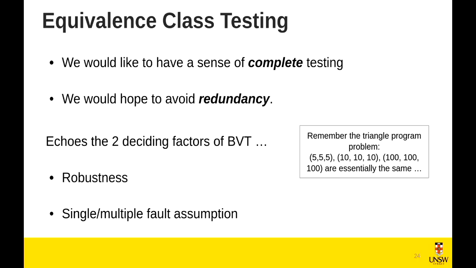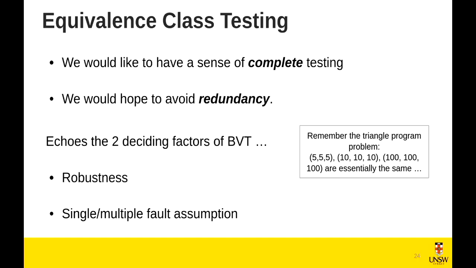And remember, in the triangle problem, the output of the program could have four different types, according to the shape of the triangle. All these three inputs will give us the same shape, and that is equilateral.